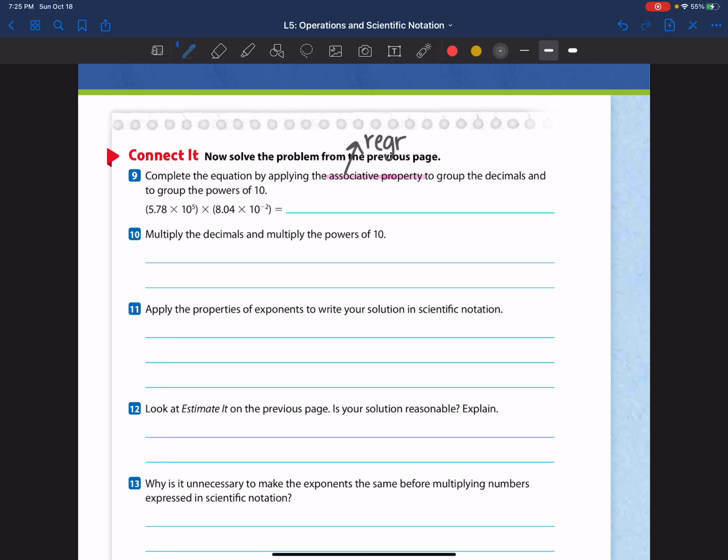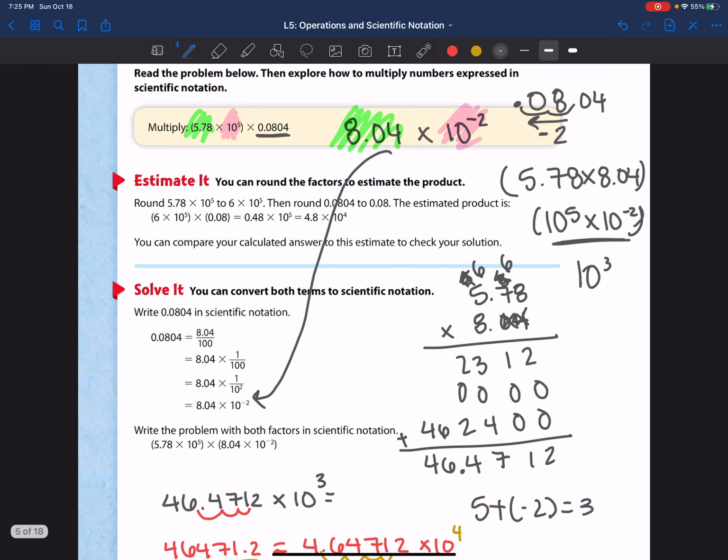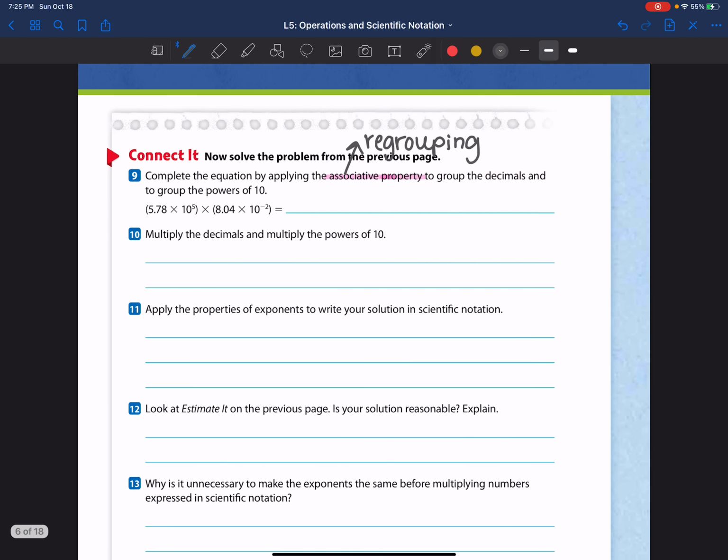That means that we're regrouping. All right, and again, I've already done that on this page, I wrote it pretty big over there. So I'll put my coefficients together. 5.78 times 8.04 times 10 to the 5th power times 10 to the negative 2nd power.